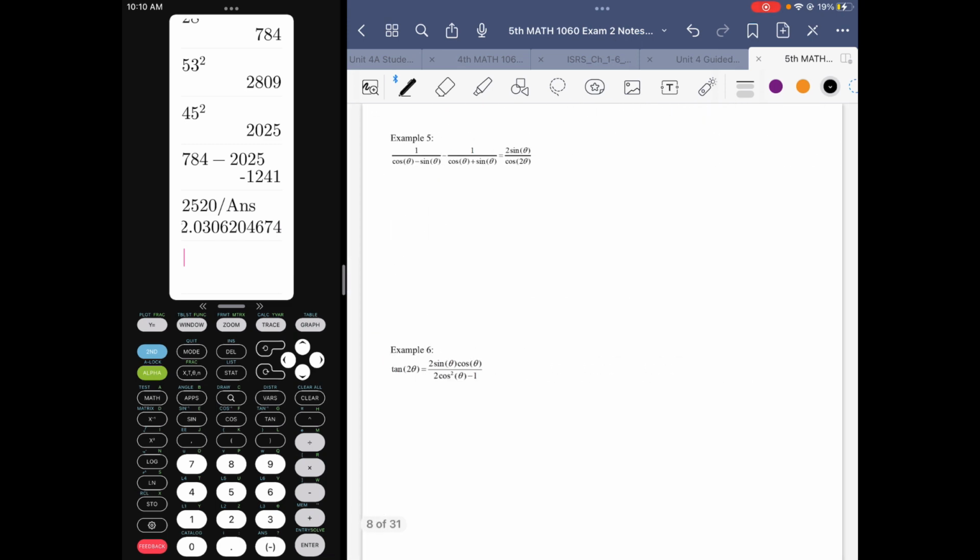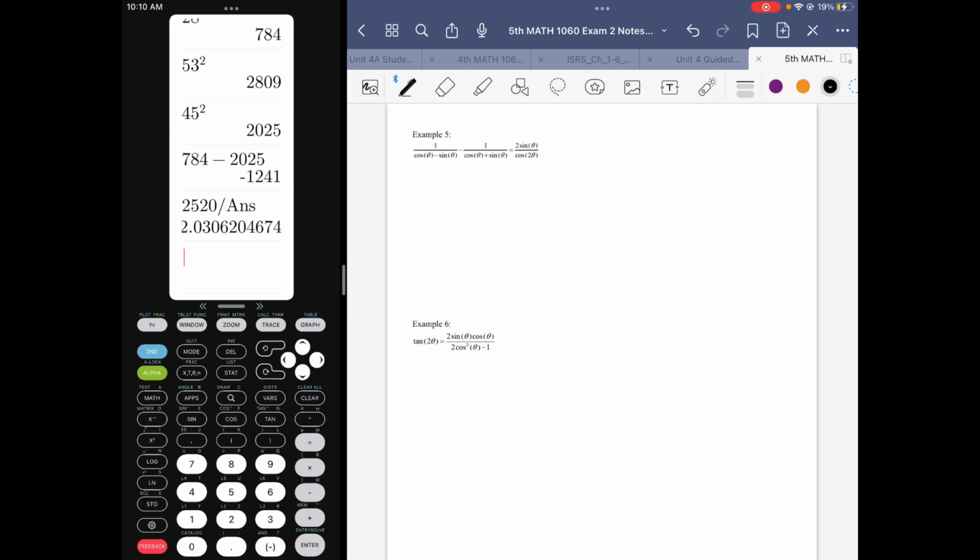Okay. Here's another one for you guys. I want you guys to try these on your own. Okay? I'll give you a hint. On this one, get a common denominator.